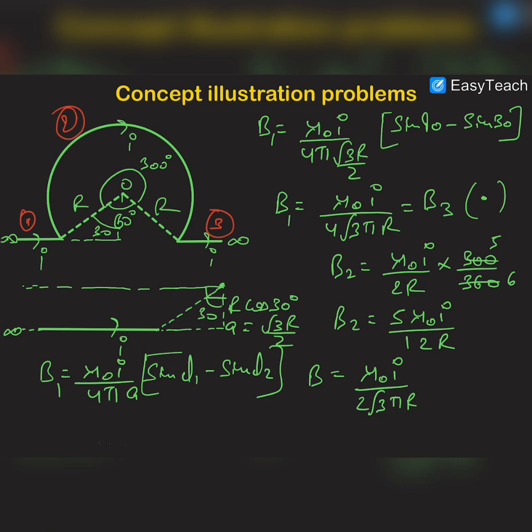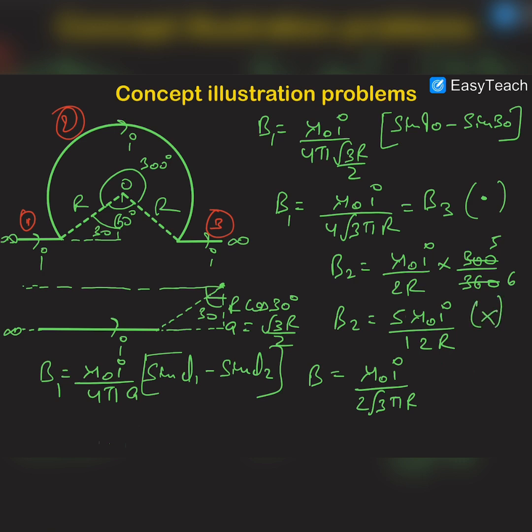You can use your right hand screw rule and find out the direction due to this straight wire, and again use your right hand screw rule to find out the direction due to this arc. If you curl your fingers of the right hand in the sense of rotation of current in the arc, then you would see that your thumb would be pointing in the downward direction inside the screen.